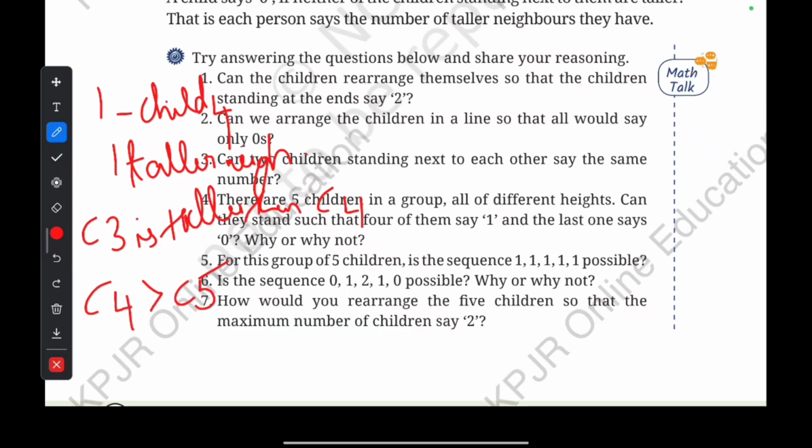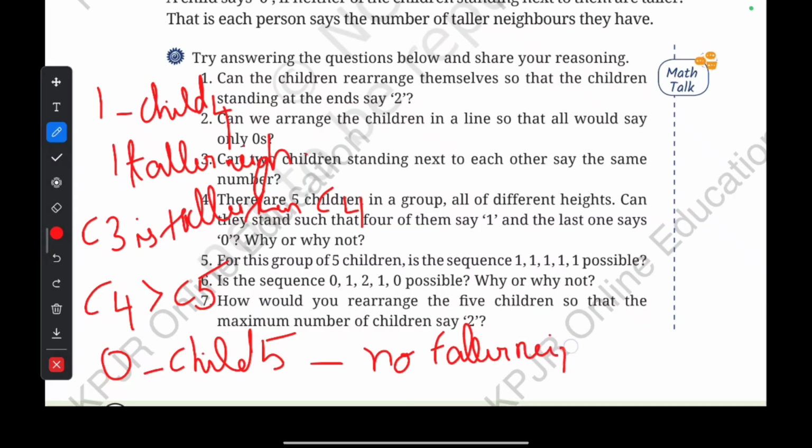Understood? If you give 0 for child 5, it does not have any taller neighbor. That means child 4 is greater than child 5. So the sequence 0, 1, 2, 1, 0 is possible.